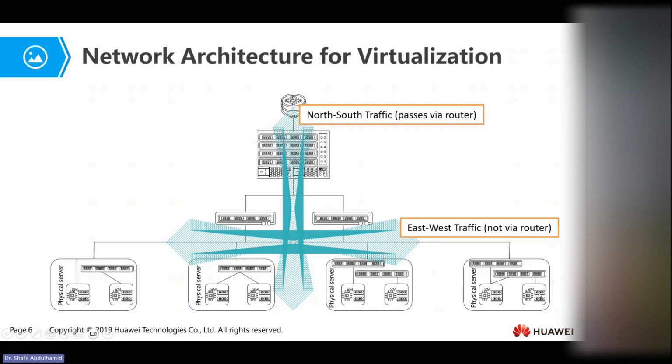And then this physical server will have a virtual switch, which also will have a virtual NIC, which will communicate the traffic to the virtual machine. So this way, the virtual machines can communicate within the same network, even if they are in different physical servers. And that means that this is an east-west traffic because the traffic does not have to pass through the router.